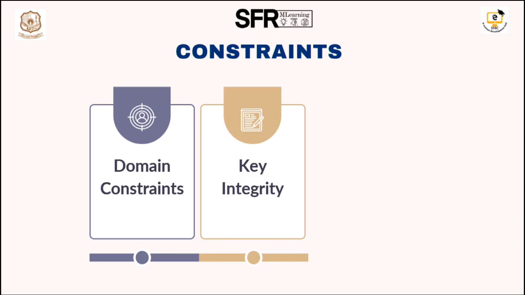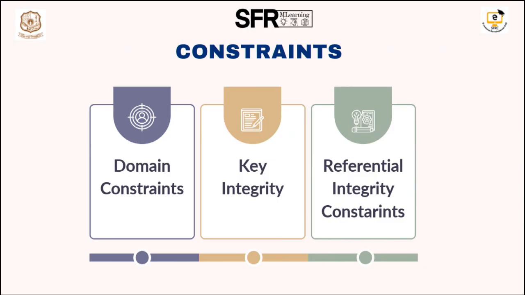Every relation in the database should have at least one set of attributes that defines a tuple uniquely. Third one is the referential integrity constraint, where one attribute of a relation can only take values from another attribute of the same relation or any other relation. It is called referential integrity. Let's see in detail about each of them.